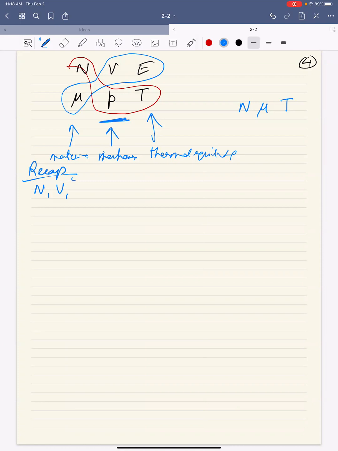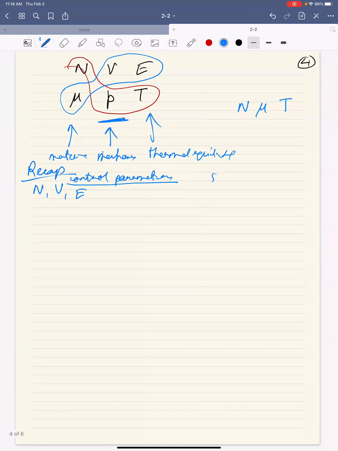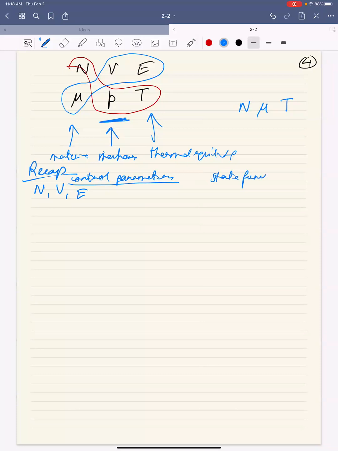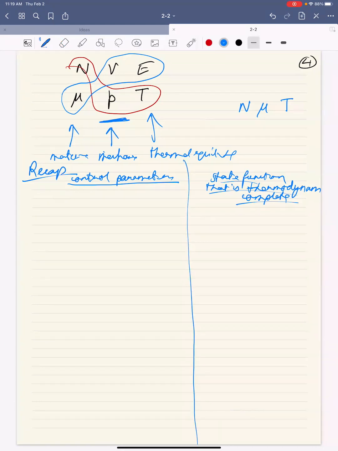If you have control parameters N, V, E, the relevant state function that is thermodynamically complete for N, V, E, which one is it? Entropy.